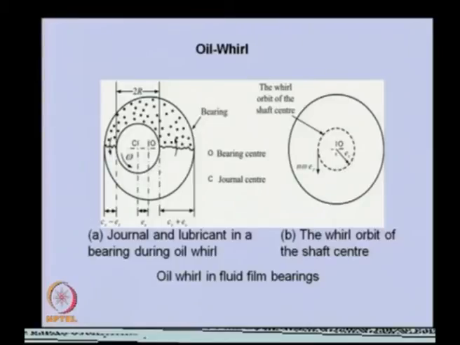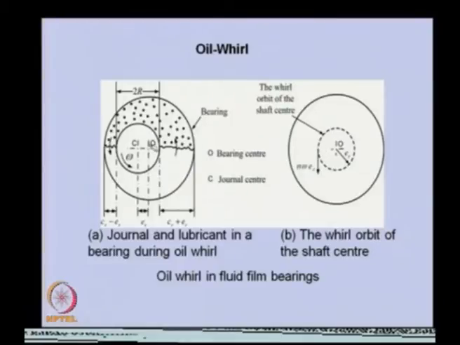In this particular configuration, we can see this is the eccentricity of the shaft, er, and the spin speed of the shaft is omega. So the tangential velocity of the rotor at the center of the shaft will be m omega er.